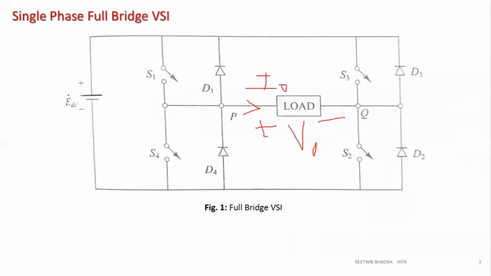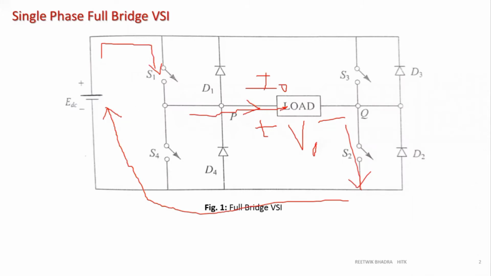So first one, what will happen? In the first case, switches S1 and S2 will be on. So if S1 and S2 are on, current will start flowing from this E DC plus, go through S1, go through this load in this direction, go through S2, back to this E DC minus.